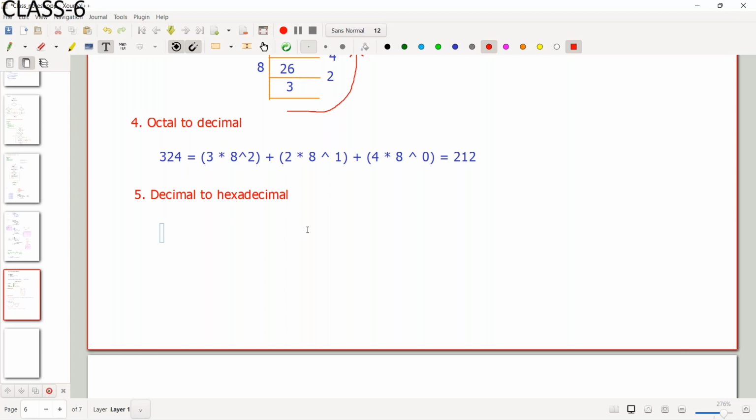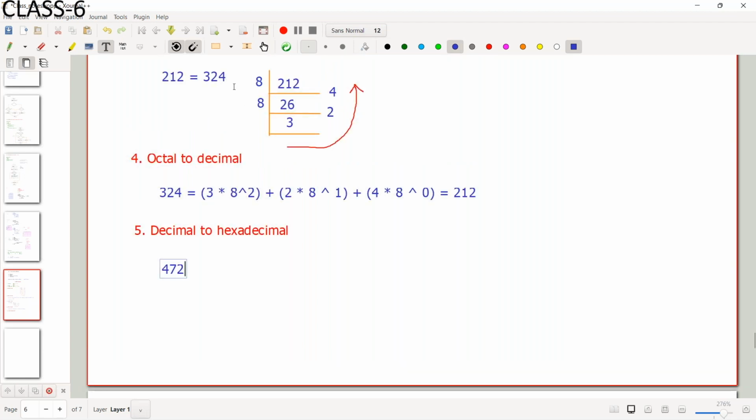I'll consider the number 472 in decimal. I want to convert this to hexadecimal. So the base of hexadecimal will be considered for division. You have to continuously divide that by 16, until it is no more divisible by 16.